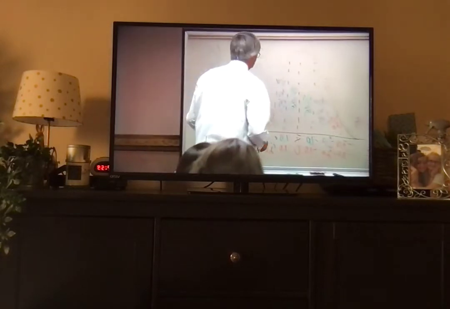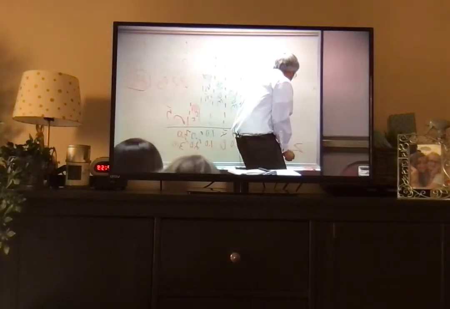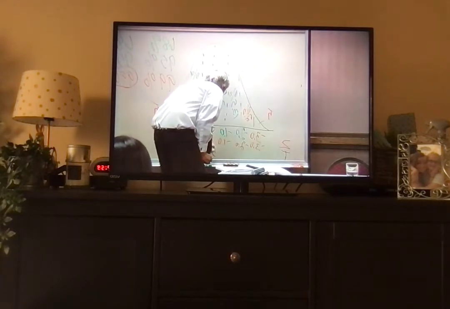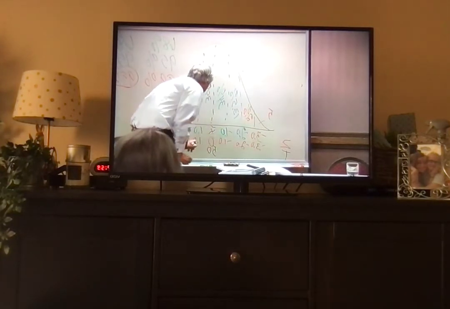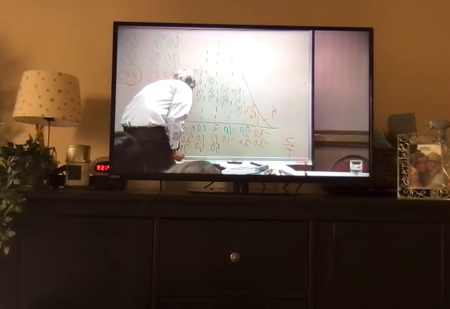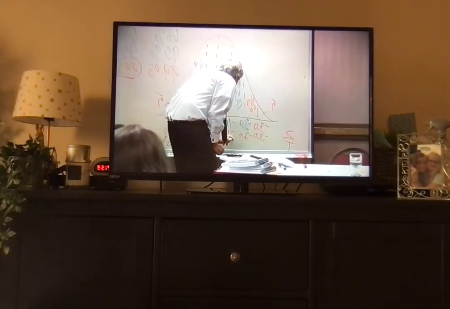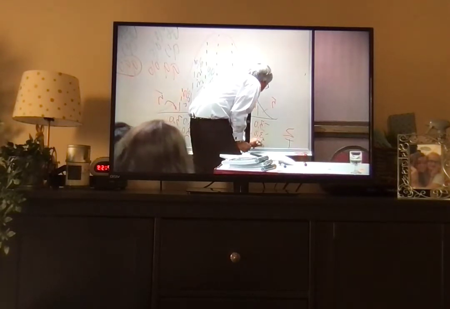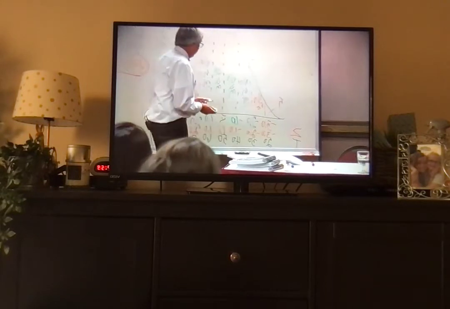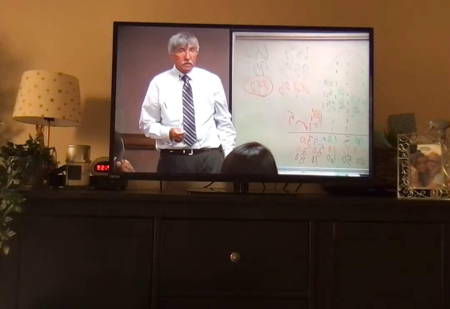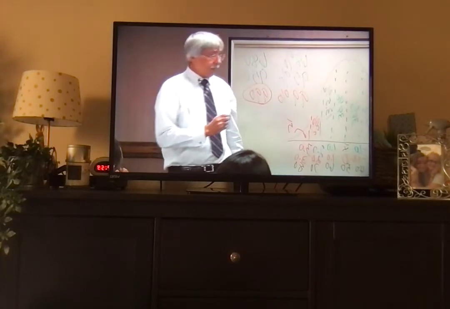So the t-scale has a mean of 50 and a standard deviation of 10. So I go up to 60, 70, and 80, and I go 40 here, 30, 20. Voila, no negatives. I can't get a negative t-score, okay? But it works the same way.